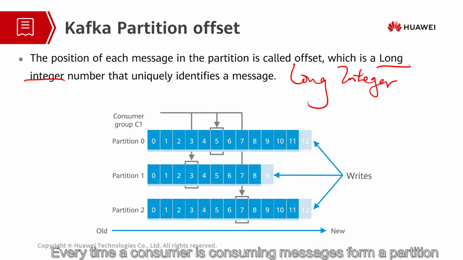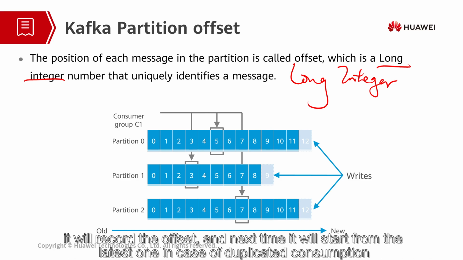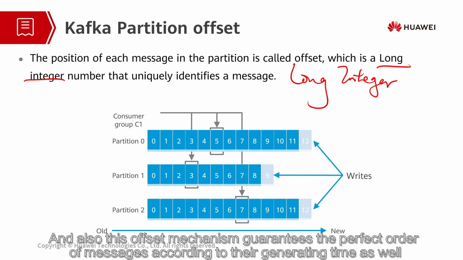Every time a consumer is consuming messages from a partition, it will record the offset. And next time, it will start from the latest one in case of duplicated consumption. And also, this offset mechanism guarantees the perfect order of messages according to their generating time as well.